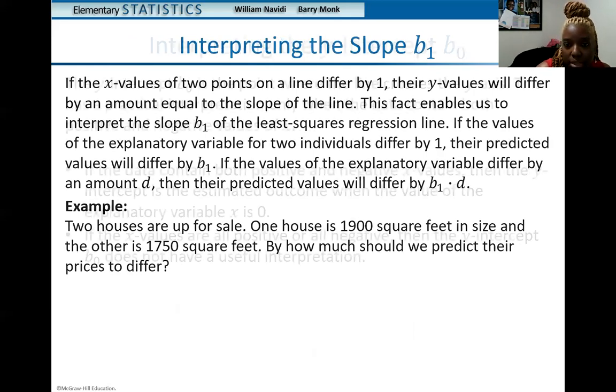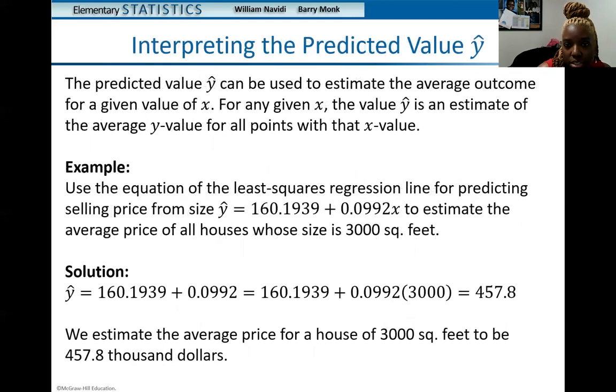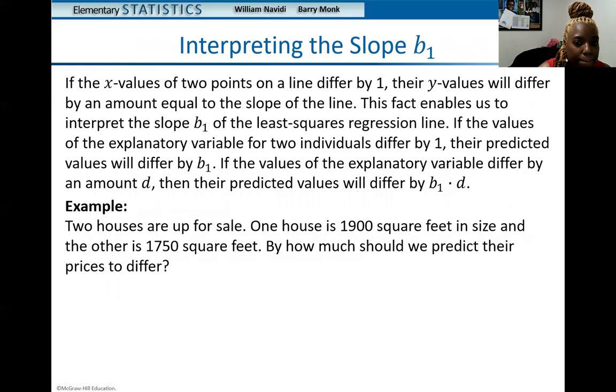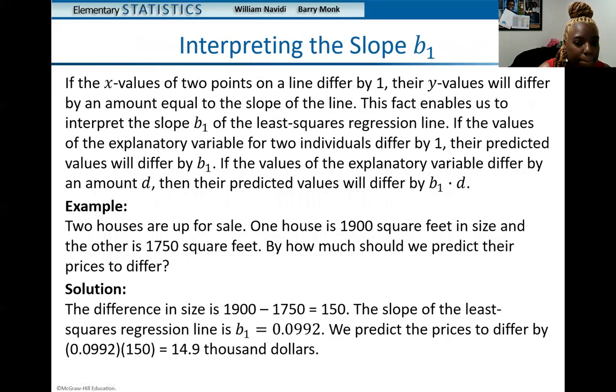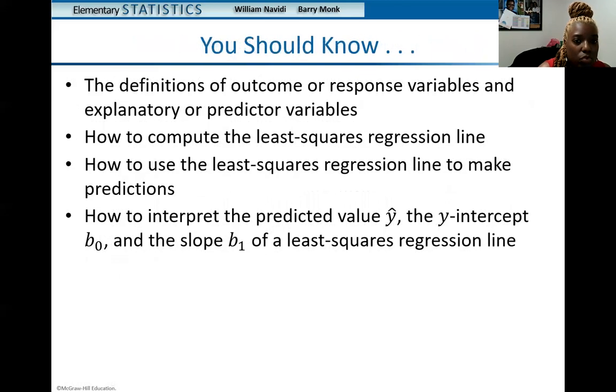Remember that equation? In that equation, it was 0.0992x. So that's where they got 0.0992, and the x was the difference. Okay? So 14.9.